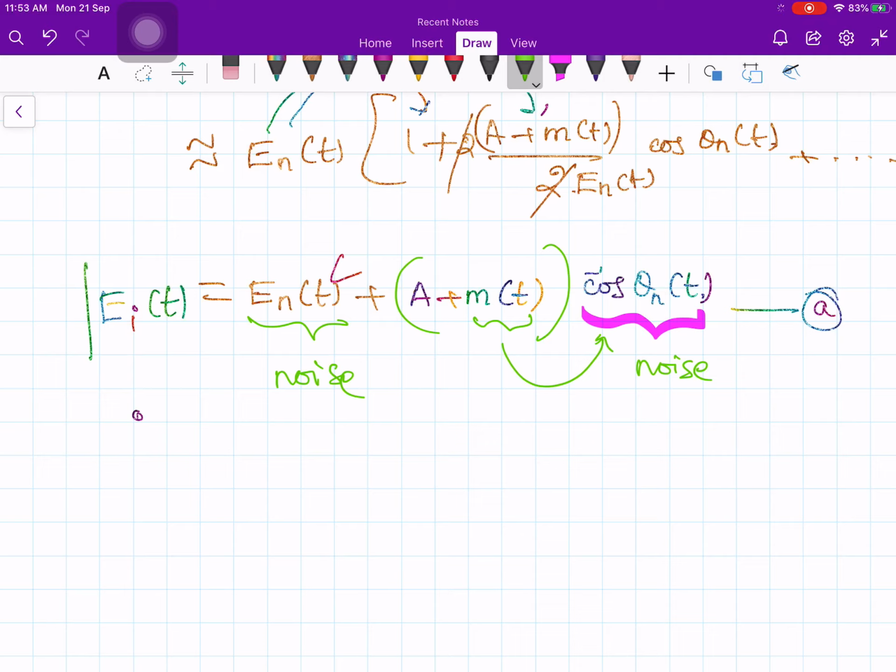The message signal m of t is multiplied by a noisy waveform, and once you multiply a noisy waveform with the message waveform, it will still be a noisy waveform. So this is not even a signal plus noise kind of expression. If it were, somehow you could get back, but it is a multiplication of the noise by the message. So essentially the envelope is almost totally noise.